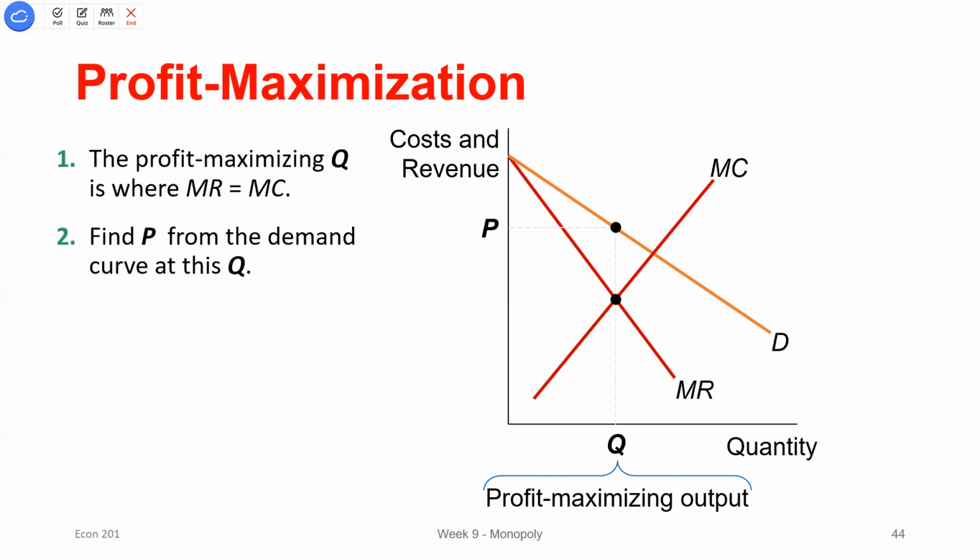In perfectly competitive markets, the price and the marginal cost are the same, but that would be above the marginal revenue. For the monopolist, the price is above both the marginal cost and the marginal revenue. Questions?